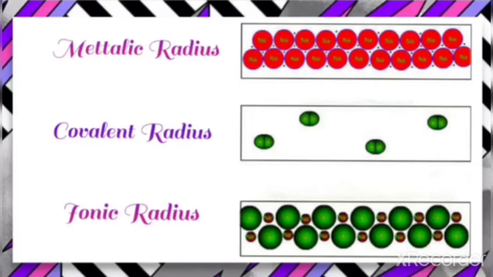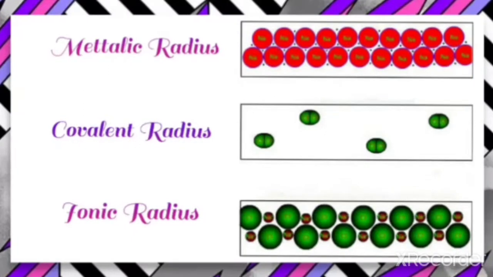So for simplicity, in this book, that is the textbook in the plus one, we use the term atomic radius to refer to both the covalent or metallic radius, depending on whether the element is a non-metal or a metal.